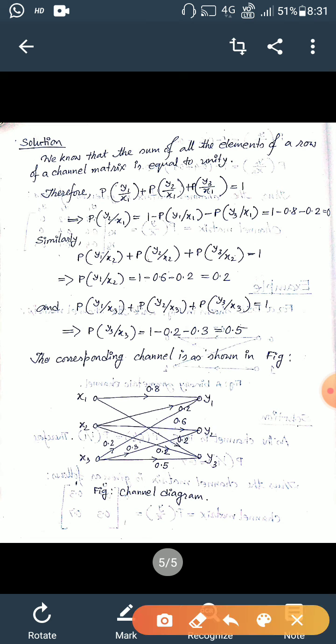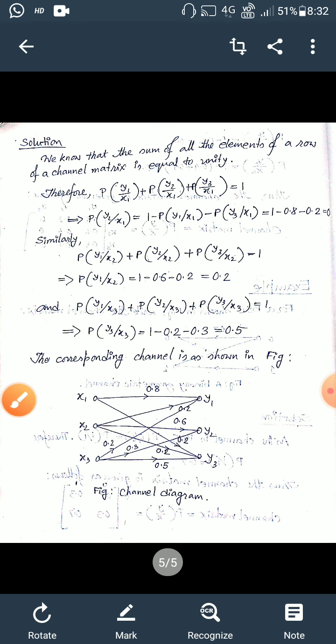If you do this, from the matrix you can see that for y1 and x1 it is 0.8, so the line should be drawn there. For y1 and x2 it is 0.2, and for y1 by x3 it is also present, so this is 0.2.